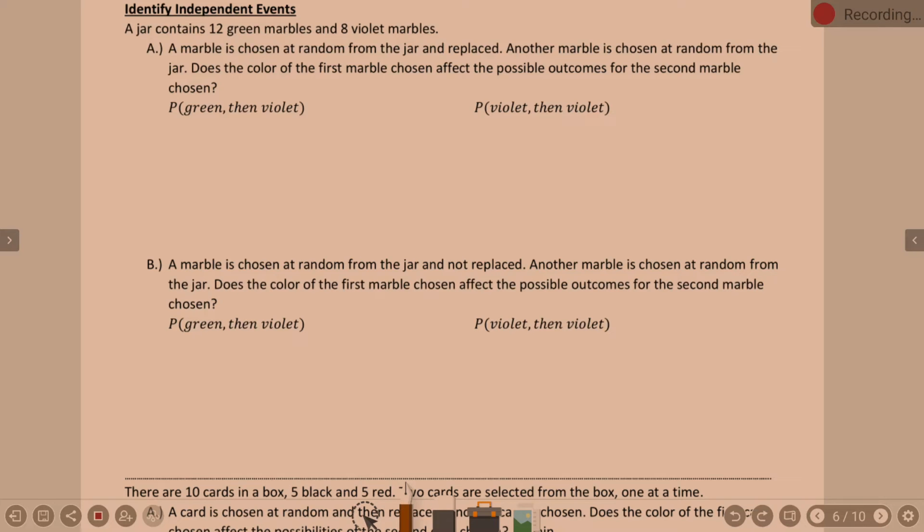In this top half, a jar contains 12 green marbles and 8 violet marbles. First scenario: a marble is chosen at random from the jar and replaced. Another marble is then chosen at random from the jar. Does the color of the first marble chosen affect the possible outcomes for the second marble?